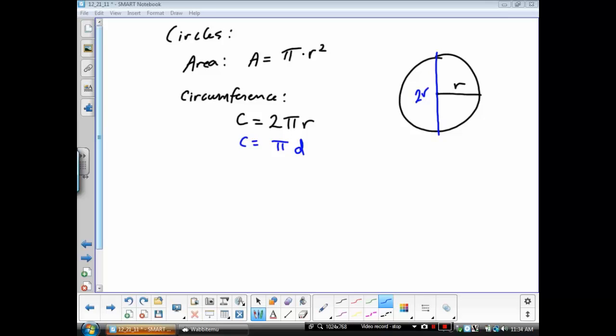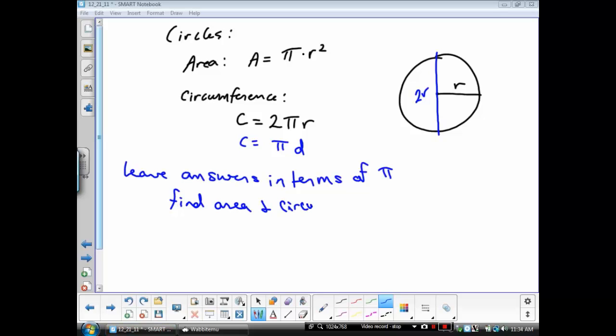Now, most of the time when we're working with these formulas, we will leave our answers in terms of pi. What that means is if they want us to find the area of a circle with a radius of 4, then we use our formula: area equals pi times r squared.